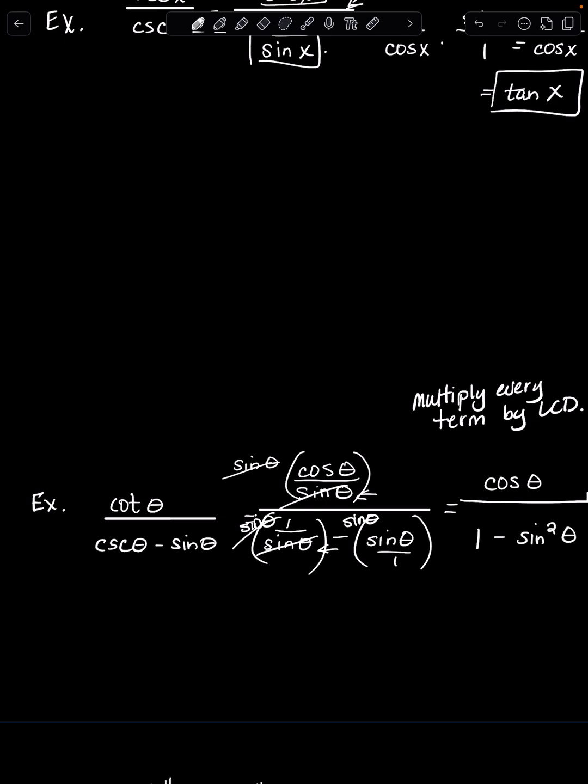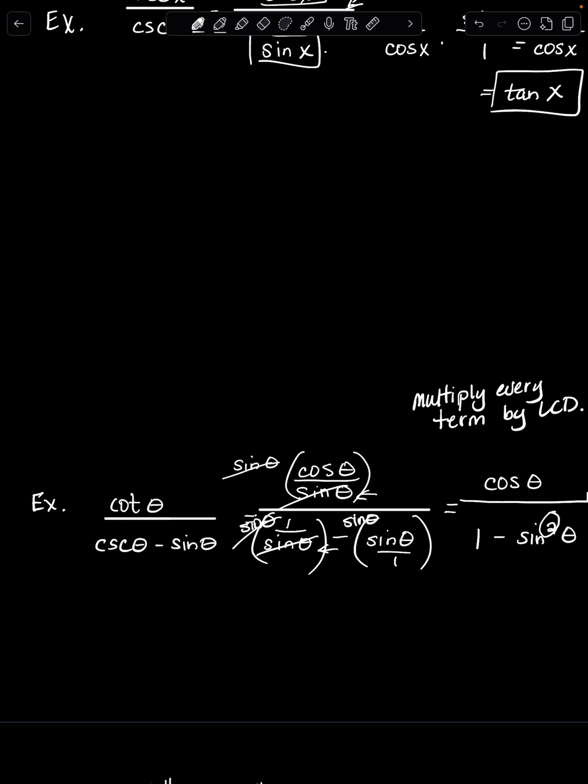All right, so when I wrote everything in terms of sine and cosine, I ended up with a complex fraction. To get rid of the complex fraction, I multiplied everything by the common denominator, and that's where I am now. All right, now when we see something squared, hopefully you're thinking there's got to be something to do with the Pythagorean identity.